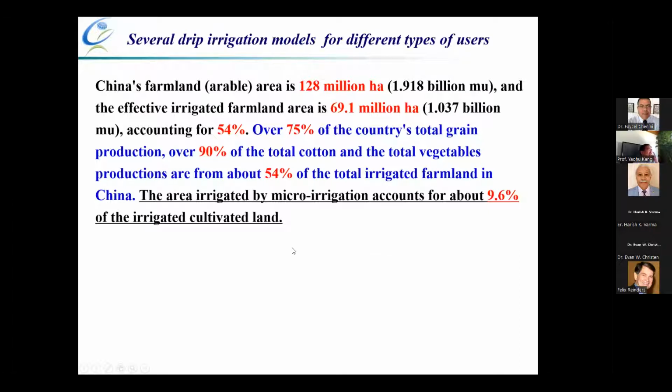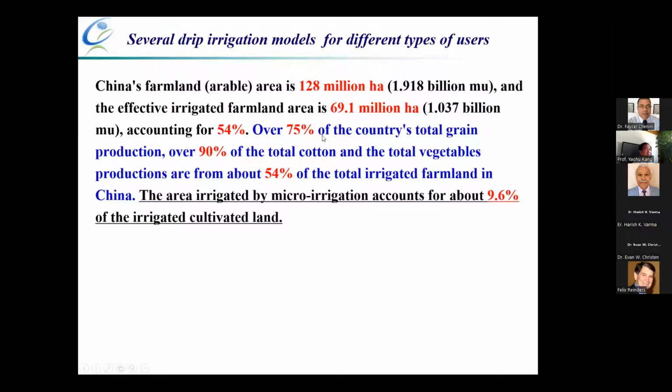First, I would like to introduce the irrigation situation in China. China's farmland area is about 128 million hectares, and the effective irrigated farmland area is about 69.1 million hectares, accounting for 54% of the total farmland area.